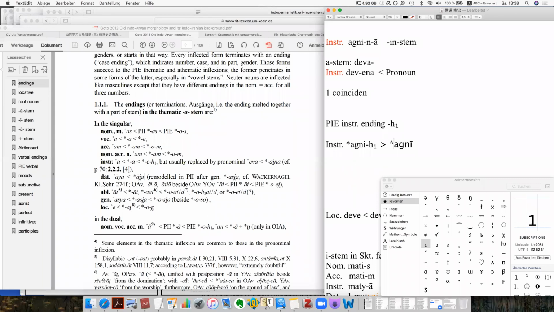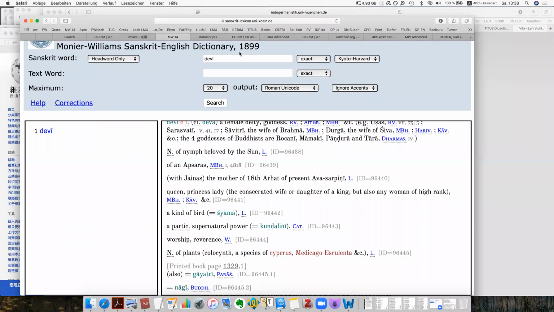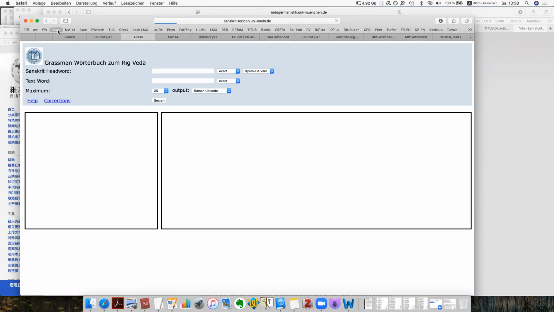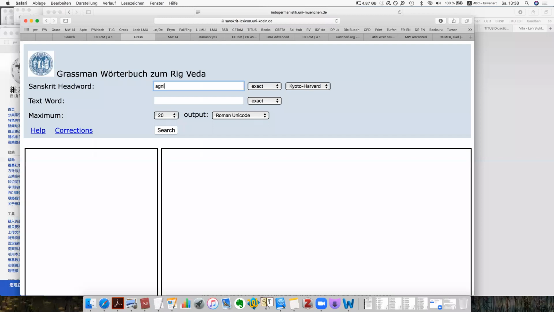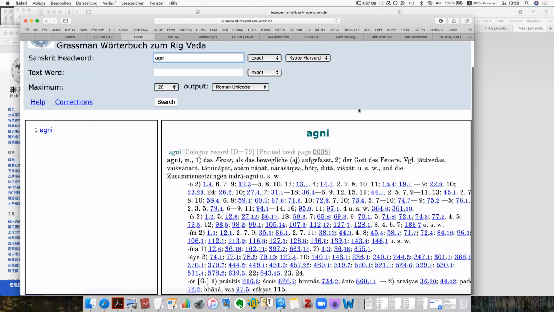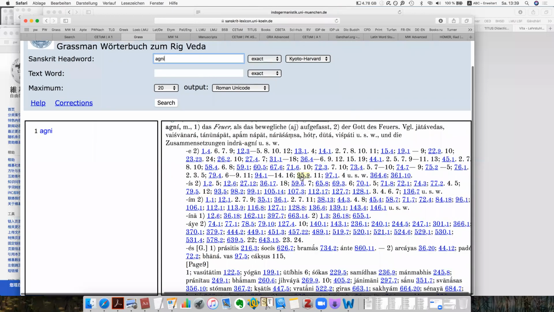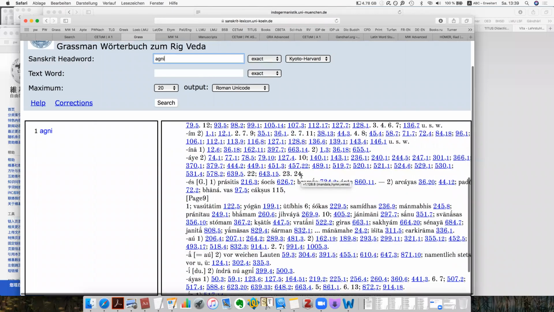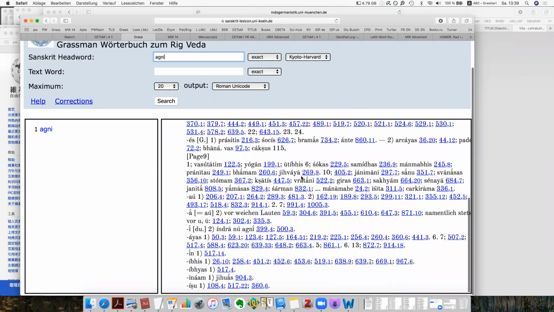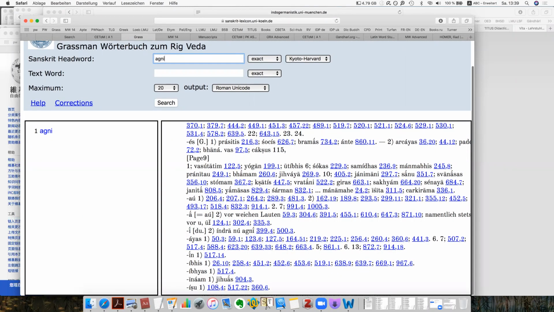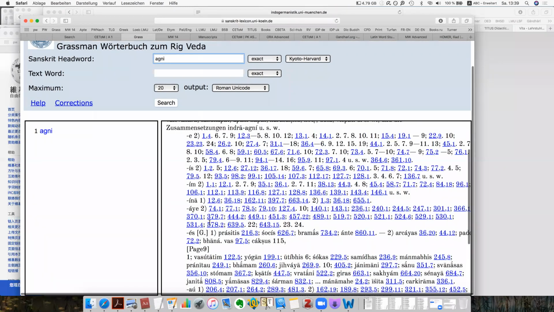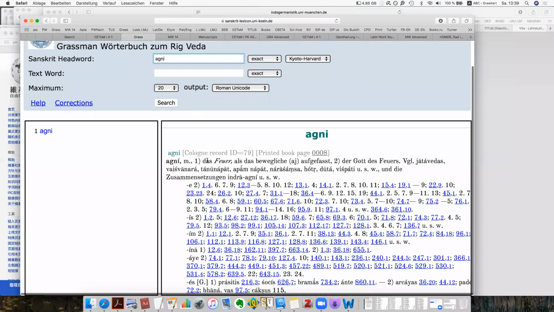Okay, and for this Agni, probably we can check the dictionary and see if we have this. Actually, I haven't checked it, so I'm not sure. Take a look. So this is a form in the Rigveda, right?